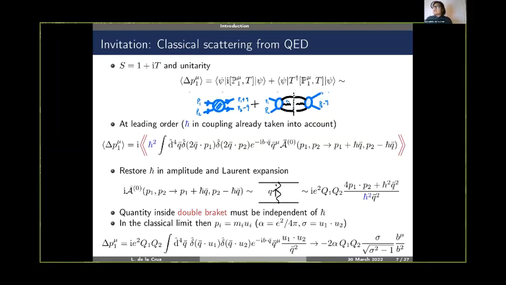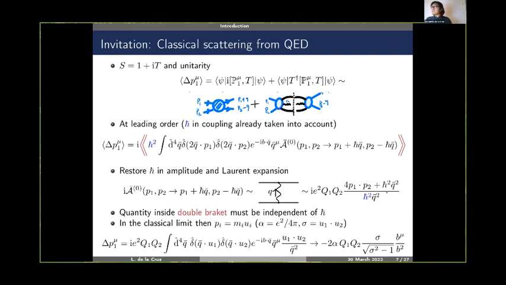The amplitude has a contribution from only a single Feynman diagram, where, as I said, the momentum of the massless particle scales with h bar, and that's why there's an h bar in the denominator. And notice that I'm using this notation in which I put bars on quantities that are wave numbers.